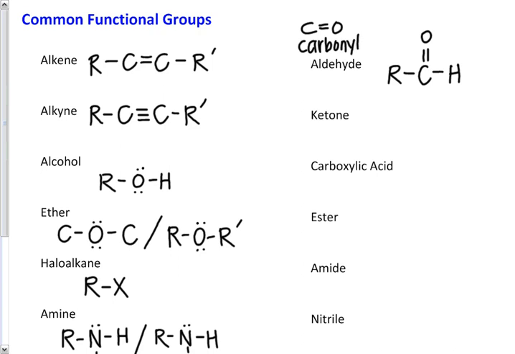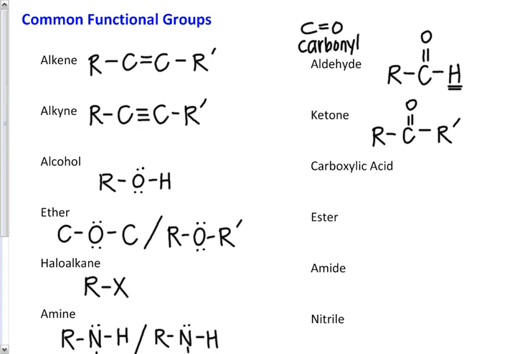So you'll see carbonyl carbons referred to in your reading, and you should be doing the readings on these. An aldehyde will always have a terminating or end H. A ketone is a lot like an aldehyde, only instead of having an H as a terminating feature, you could have another R group. So that is a ketone.